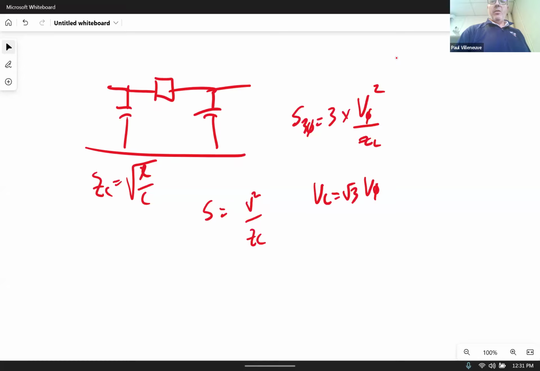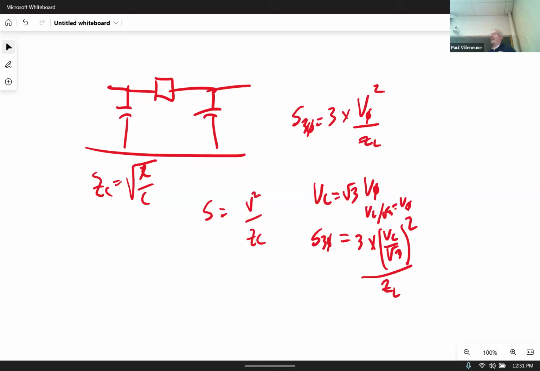So if I substitute V line in here, let me put this: V line divided by square root of 3 equals V phase, right? So if I've got 3 times V line over the square root of 3 squared, all that divided by ZL, that gives you your SIL. So these terms will cancel, and then you're left with your line voltage squared divided by Z sub C.